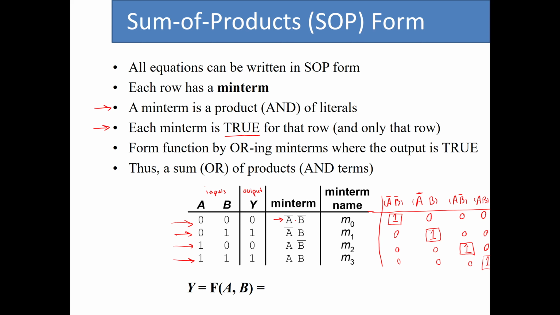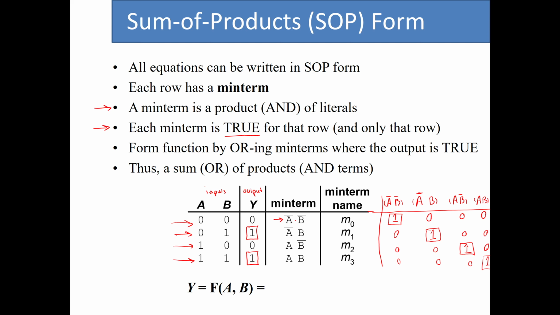So now that we have this, up until now we didn't care about the output. But now that we have these things figured out, we can form the Boolean equation for output by ORing the minterms for which the output is true. So the output is true when A is 0, B is 1, and also it is true when A is 1 and B is 1.